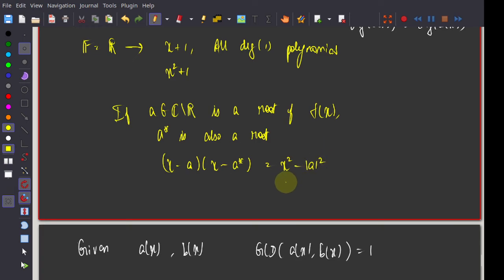But what can you say about this? What kind of a polynomial is this? The coefficients are real, right? Correct. And what about f of x divided by x square minus a square? Is that going to have real coefficients or non-real imaginary coefficients?